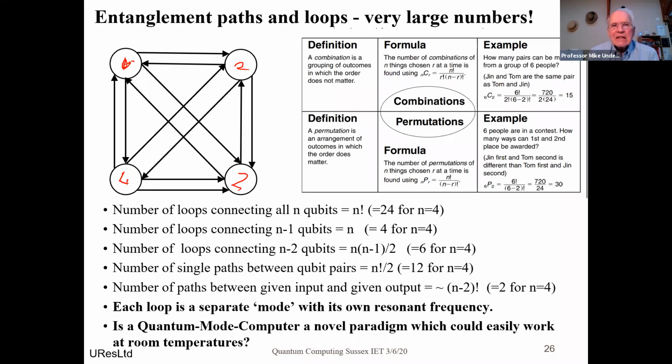As far as I can see, looking at the literature on the web, that is a possibility which has not yet been exploited, but should be perfectly possible. So is this leading towards a new quantum computer, a novel paradigm which could easily work at room temperature rather than low temperatures?